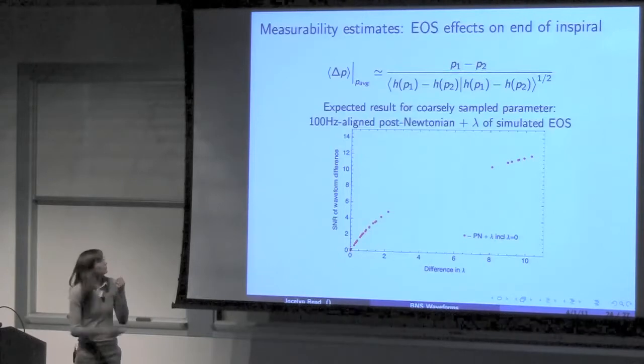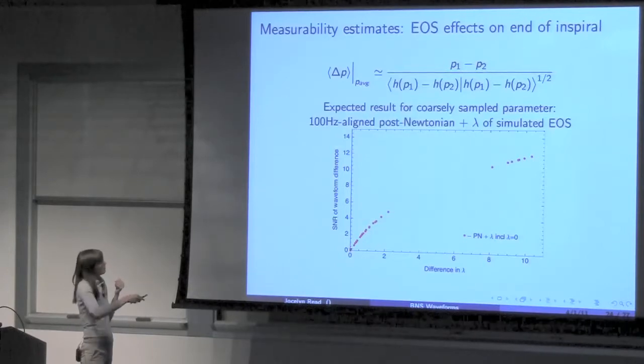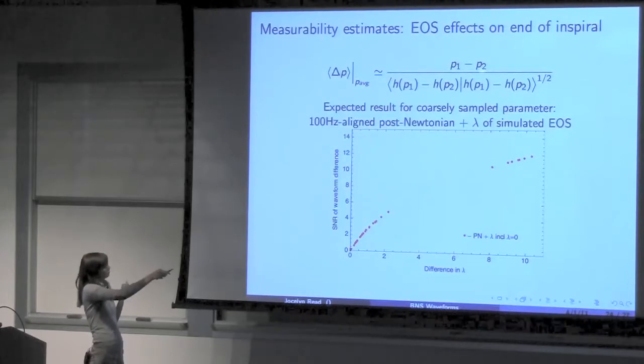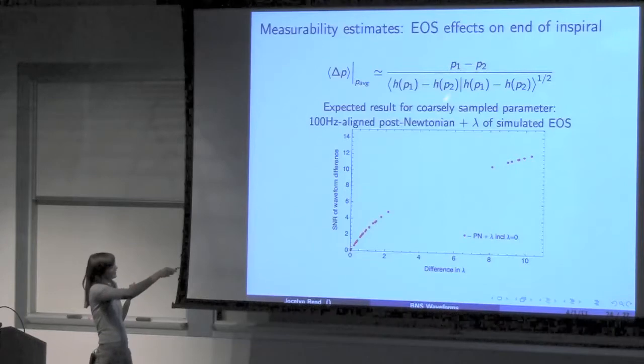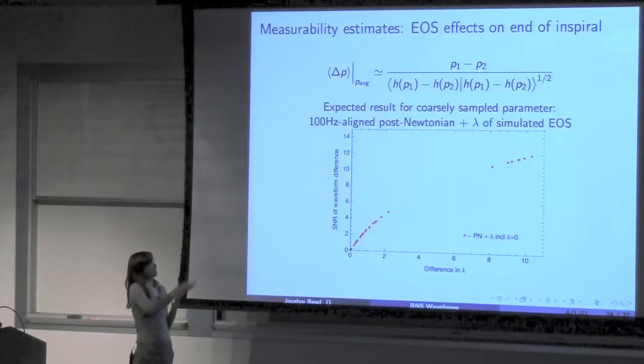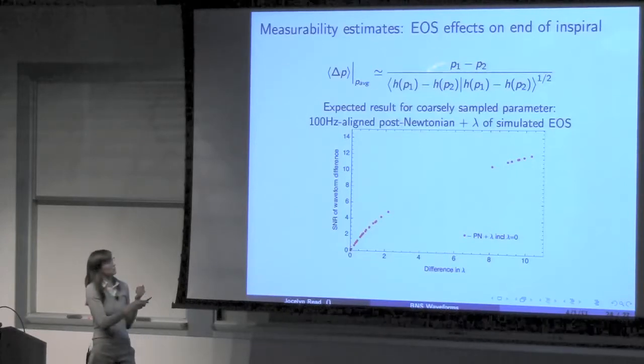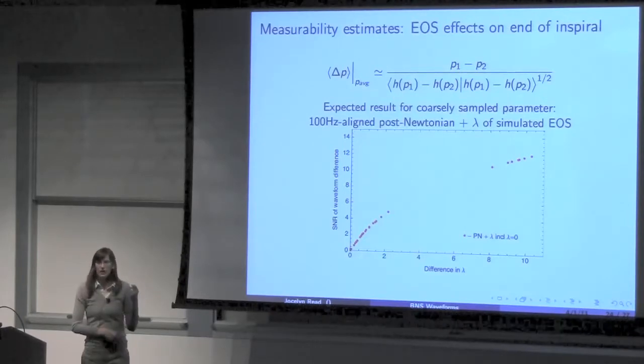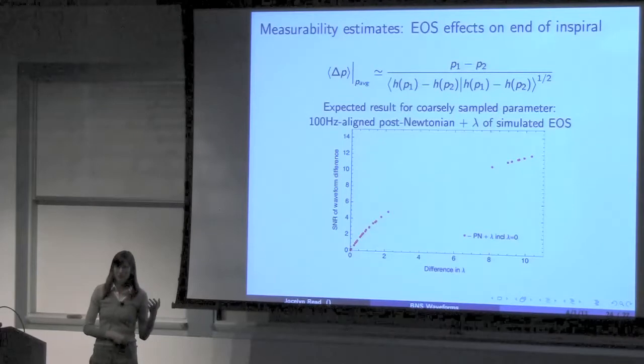We estimate measurability, the expectation value in the variation in some parameter at the average between 2 points, by taking 1 over the square root of the inner product of the difference between the waveforms at one parameter value and the waveforms at the other parameter value. This is a discretized version of a Fisher matrix estimate of measurability for a one parameter system.